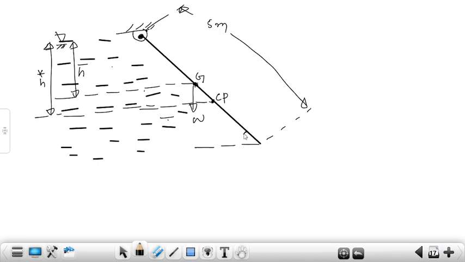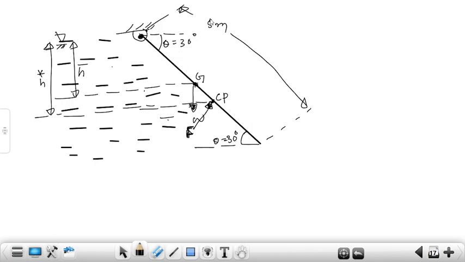30 degree, which is theta, and this angle is also 30 degree, and the center of pressure is where the hydrostatic force F acts, and the width of the gate is B, which is 1 given perpendicular to the front of the board.